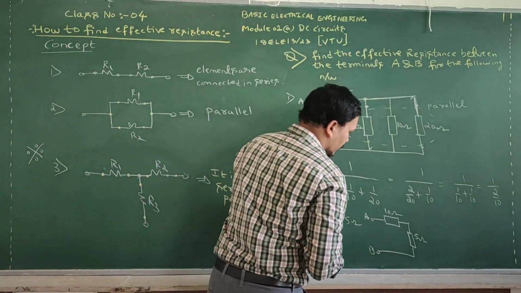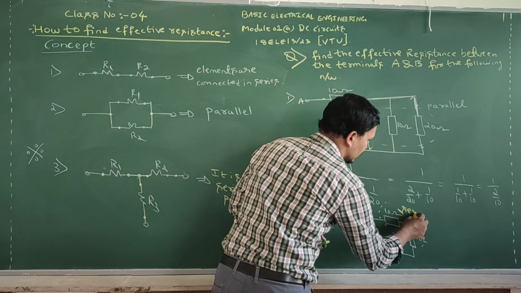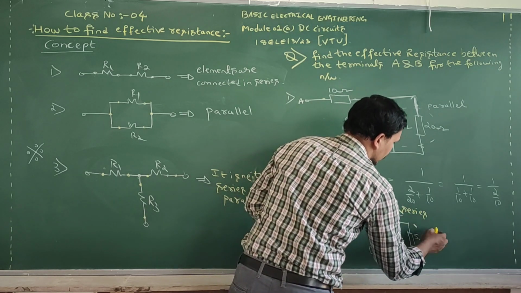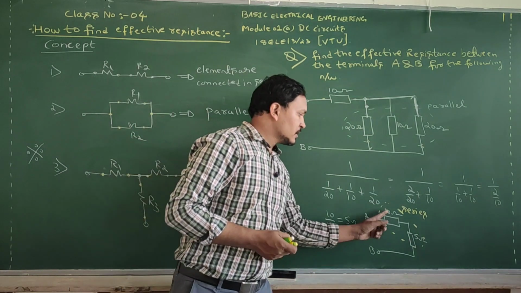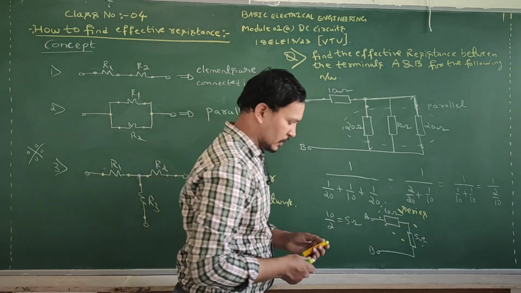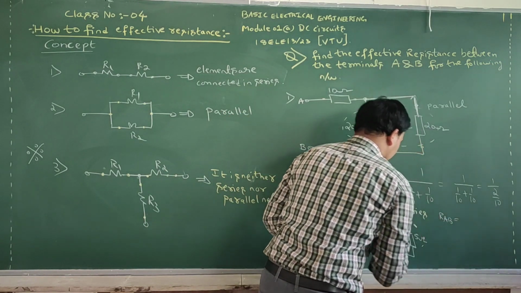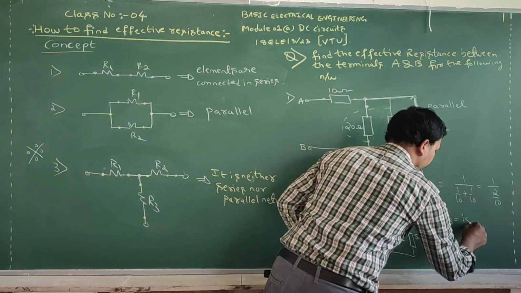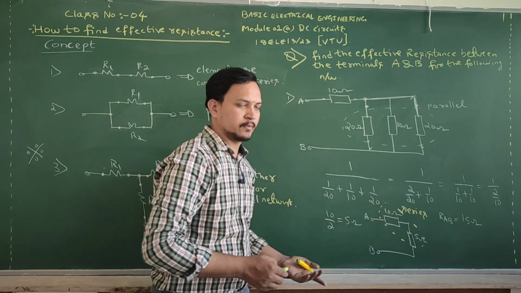Therefore, these two elements are in series. In series, the effective resistance is the sum of all the resistances. 10 plus 5 is 15 ohms. Therefore, the effective resistance between the terminals A and B is 15 ohms.